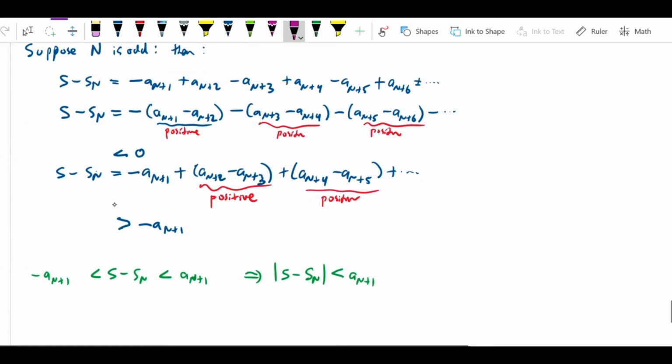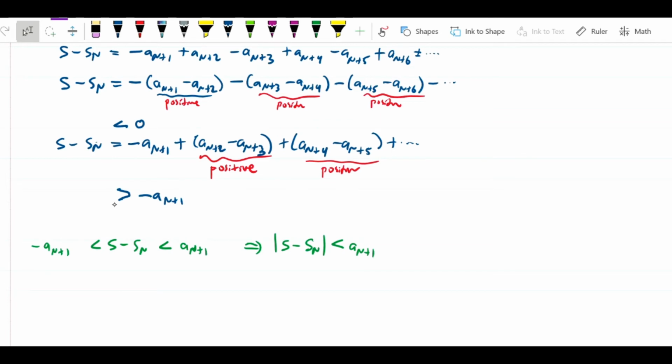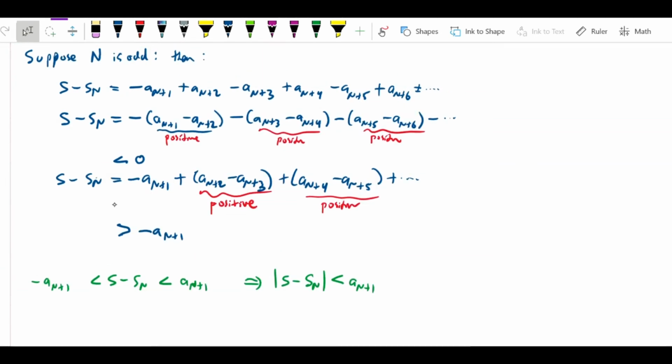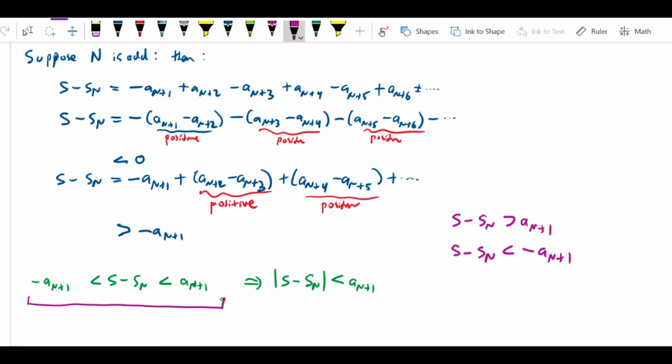So what we end up with is the fact that if n is even, then S minus Sn is less than a n plus 1. Or if n is odd, then S minus Sn is greater than negative a n plus 1. So in other words, S minus Sn is somewhere between negative a n plus 1 and positive a n plus 1.